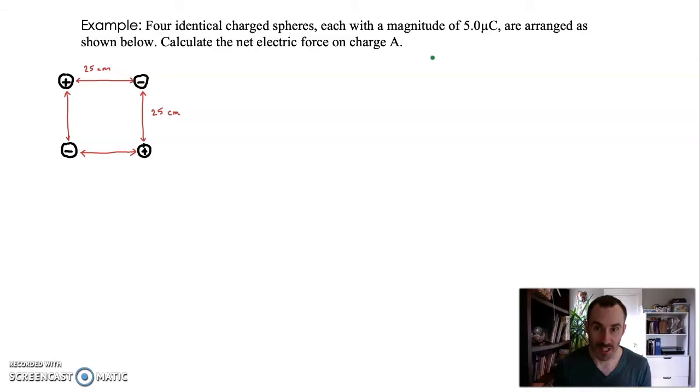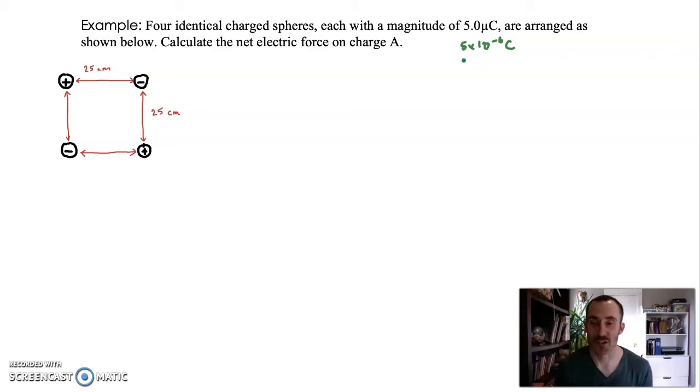Here's our more complicated example. 4 identical charged spheres, each with a magnitude of 5 microcoulombs, or 5 times 10 to the negative 6 coulombs, micro is times 10 to the negative 6, are arranged as shown below.